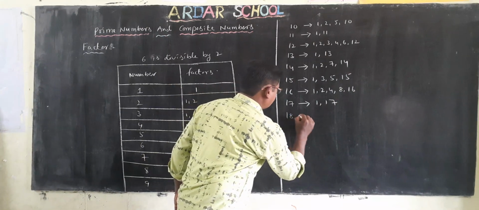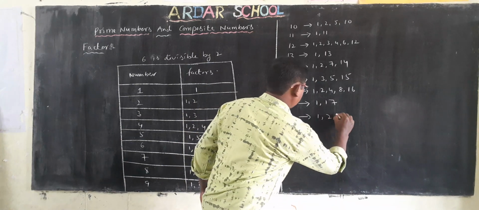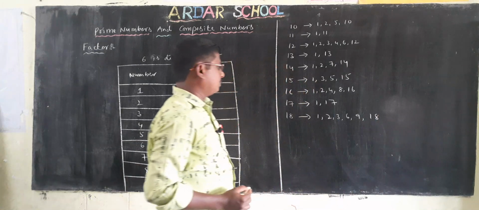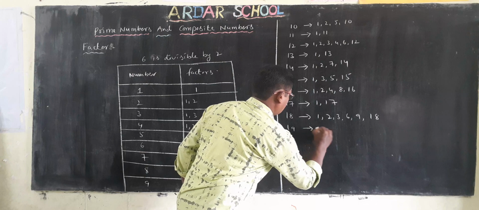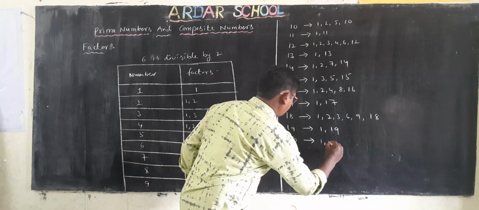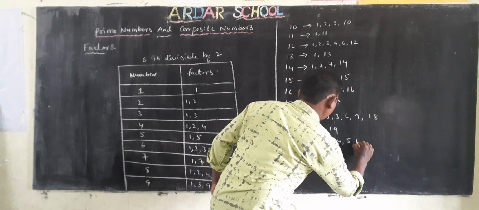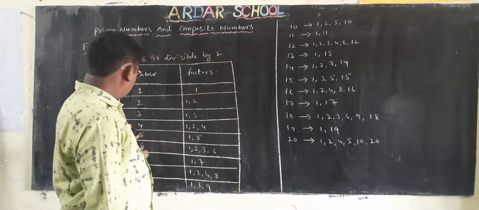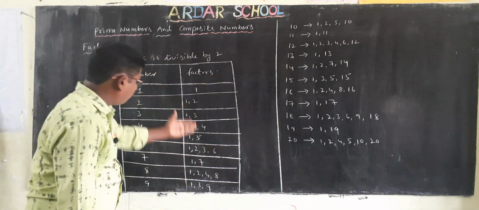Next 18: 1, 2, 3, 6, 9 and 18. 19: 1 and 19 only. 20: 1, 2, 4, 5, 10 and 20. Now I have written the factors up to 20. These are the factors.